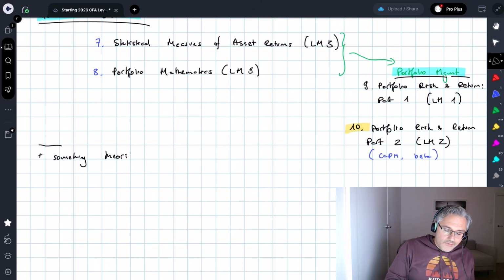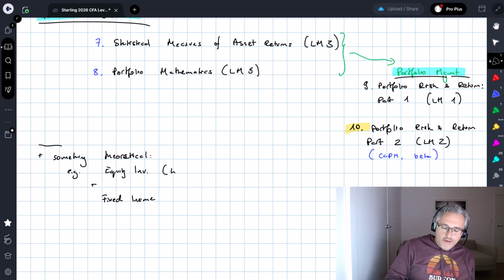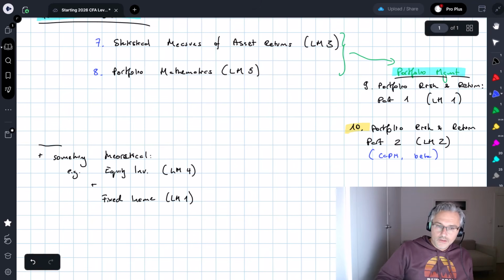So to study something more theoretical, why not have a look back at equity investments and fixed income, and here focus your attention on learning module 4 and learning module 1 respectively.